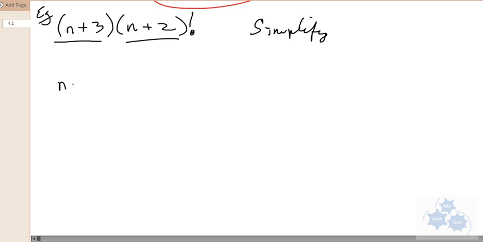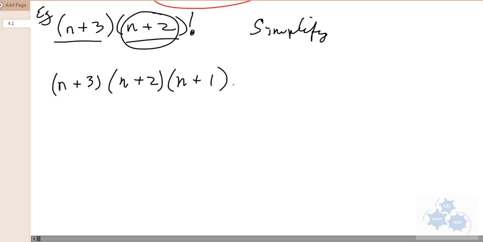Okay, so this is what I'm going to suggest. n plus 3 times n plus 2. What would be next in this factorial if we subtract 1 from this? So what would be next if I would just start to write out all this factorial stuff? So we have n plus 3, and then we have n plus 2. We should have n plus 1, right?